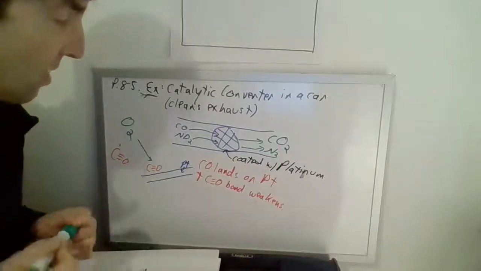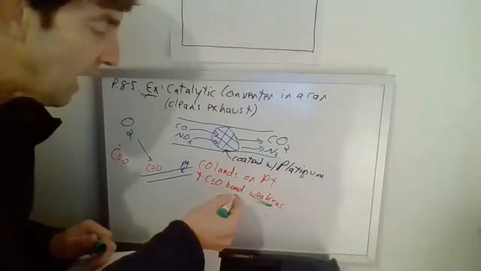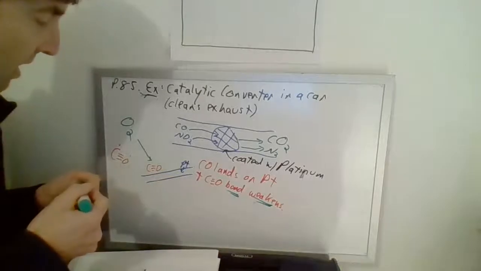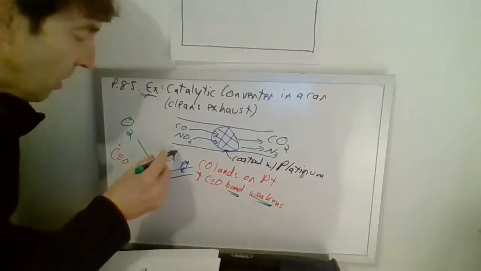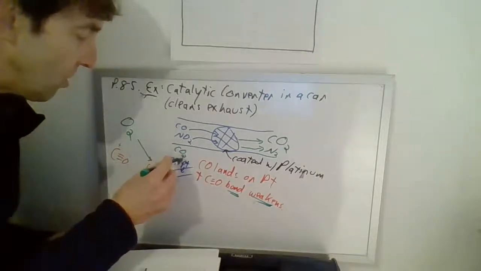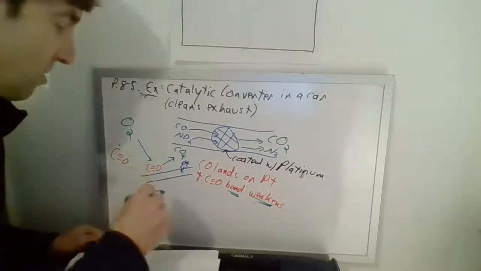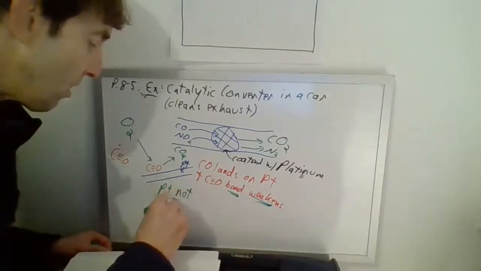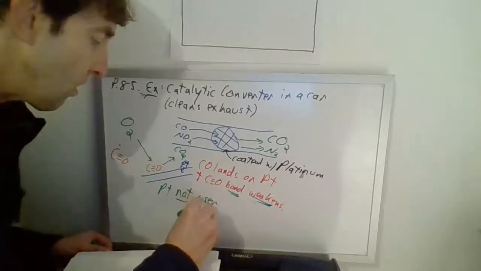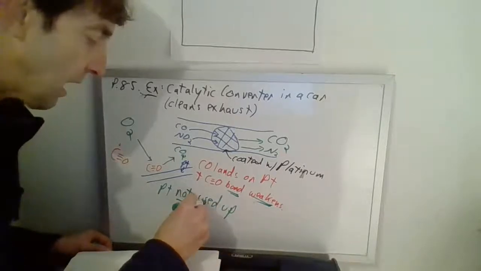So this catalyst weakens the bond. And then when it's done, it releases again and goes off and becomes CO2. So the platinum is not used up. So it's a true contact catalyst.